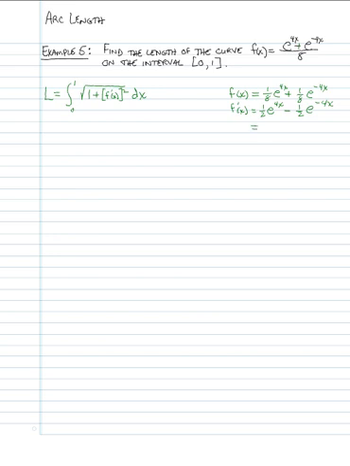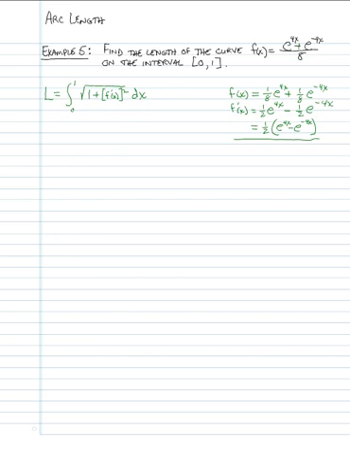And one other thing I'm going to do here before I move on, I think this will be convenient later, is I'm going to factor out the 1/2 and say that this is 1/2 times e to the 4x minus e to the negative 4x. I don't make a habit, as you know, of factoring just for the sake of factoring, but you're going to see in a moment when we put this back in for calculating the integral.